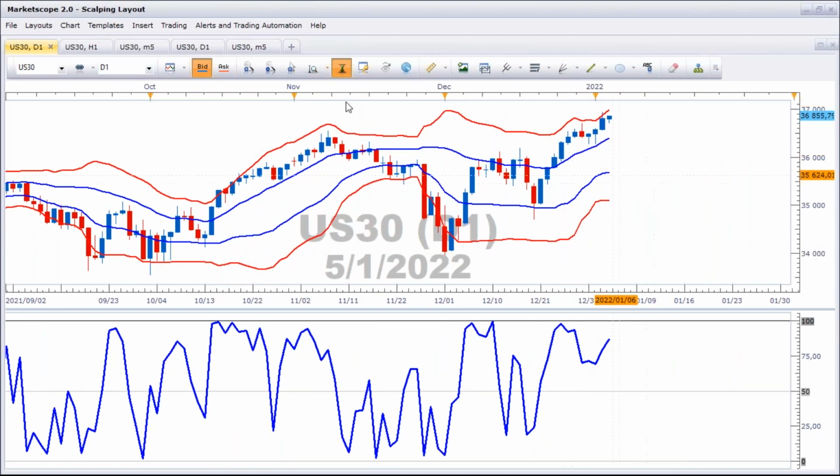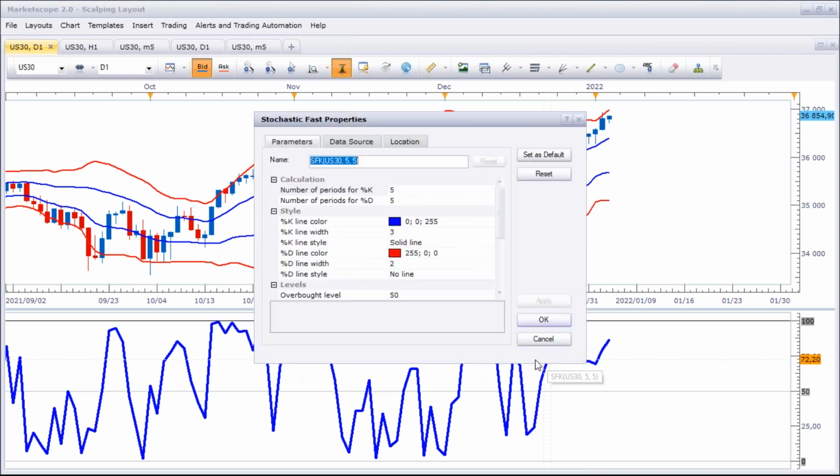So this is the Dow Jones. We're looking at the US 30, and the indicator at the bottom is a fast stochastic. It's a very raw indicator. There's very little manipulation done to it. We're looking only at the %K.